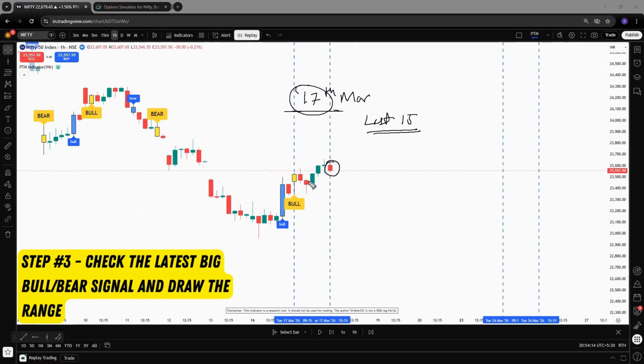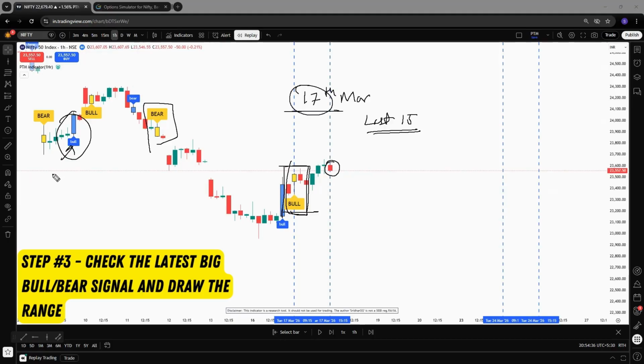Last 15 minutes of the day, current expiry, I have to check where is the big bull or big bear signal. What is the latest yellow color signal? Let me repeat, in this strategy, safe harvesting, we are not using the blue color signal much. There's only one small purpose for that.